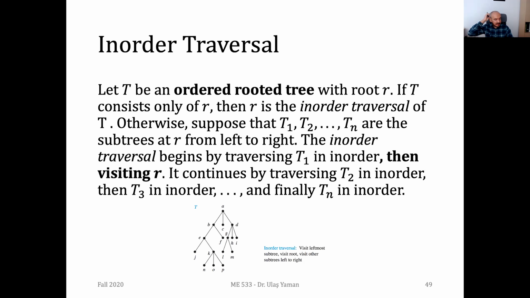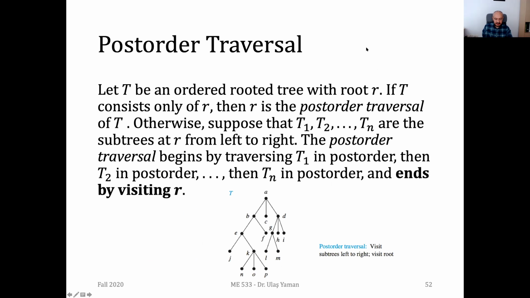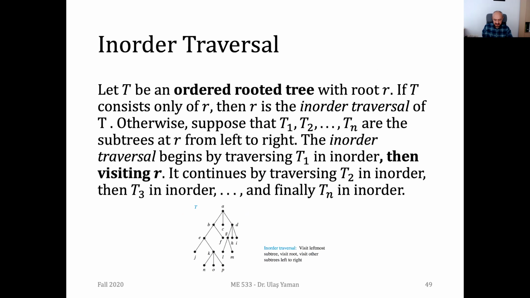And again, we have the same example, but before that, I would like to focus on this definition. If you remember, this first part of the definition is stating that if you have a tree with a single, let's say, root R, then we can say that R is also the in-order traversal of the given tree T, since we don't have any other children, another connected node.